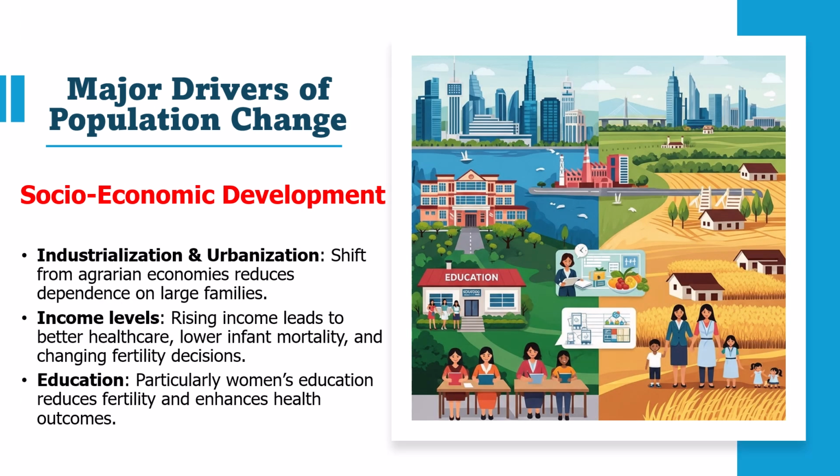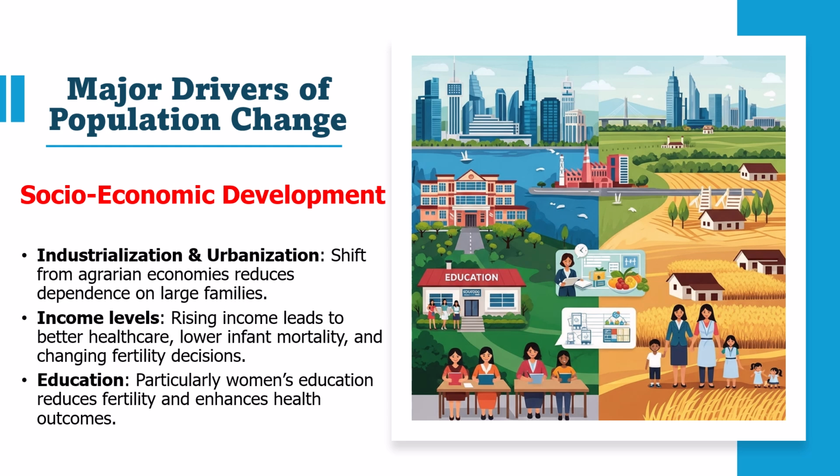Socio-economic development strongly influences population dynamics by altering fertility, mortality, and lifestyle patterns. Industrialization and urbanization shift societies away from agrarian economies, reducing the economic need for large families and promoting small household size. Rising income levels improve access to healthcare and nutrition, and lower infant mortality, encouraging couples to have fewer children.